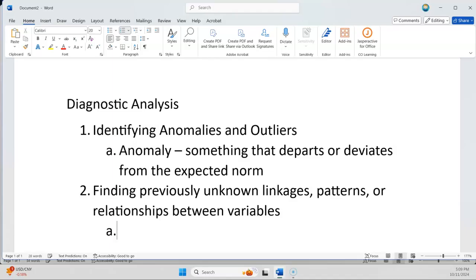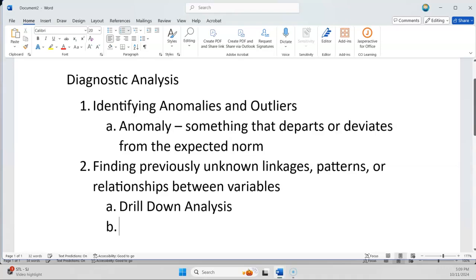And so this is things where you do like drill down analysis. And this is really like the kind of thing we're doing. We're playing with pivot tables, and you start doing filtering, and you start looking at different rows and columns and whatnot. And then the other thing would just be performing higher end statistical analyses.